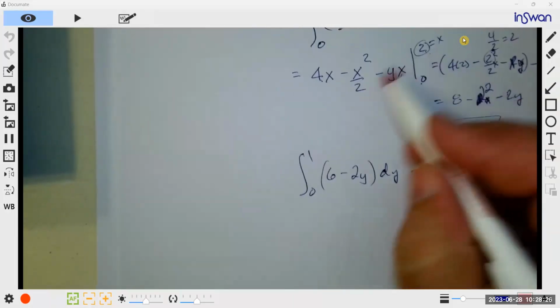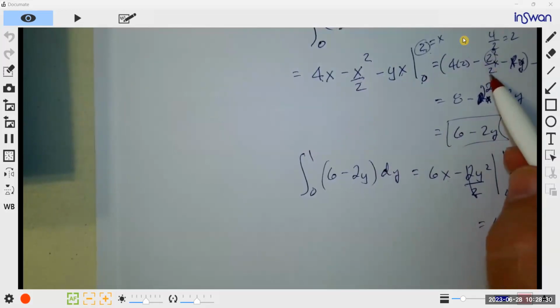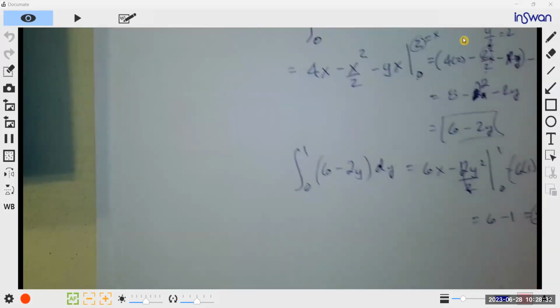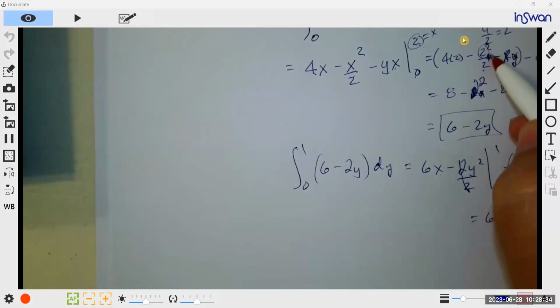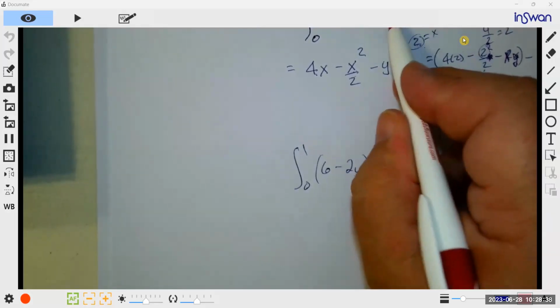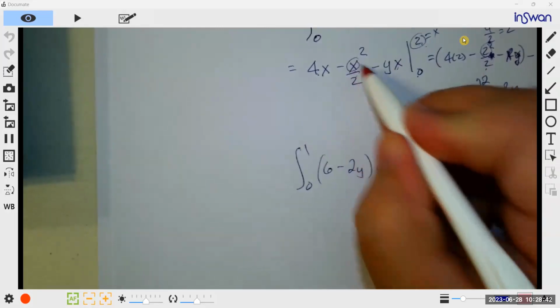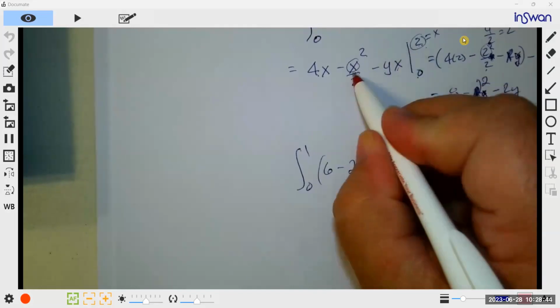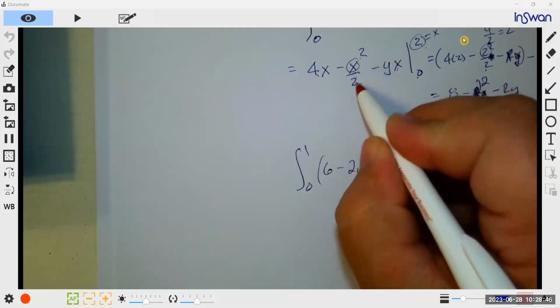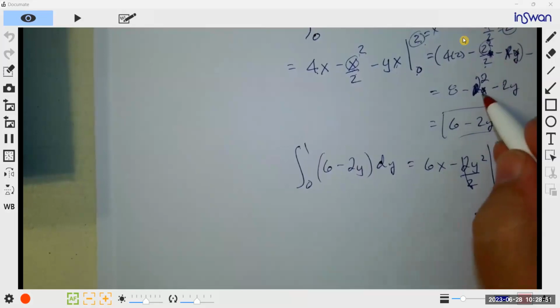Anywhere I see an x, I put a 2. So that's where it became 2 squared. Oh, it just looked like there was another x right there. Yeah, that's right, I had a brain fart because I thought that was integrating with y. There was no x there because the x was replaced by 2, making it 2 squared over 2, which is 4, and 4 over 2 makes it 2.